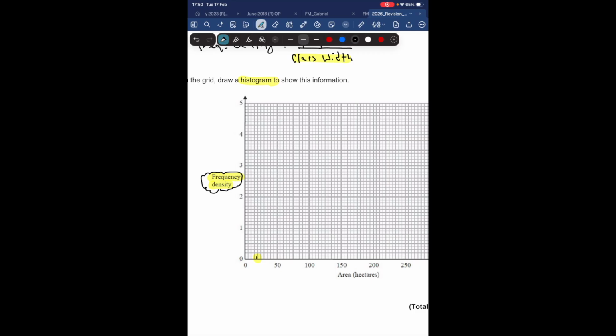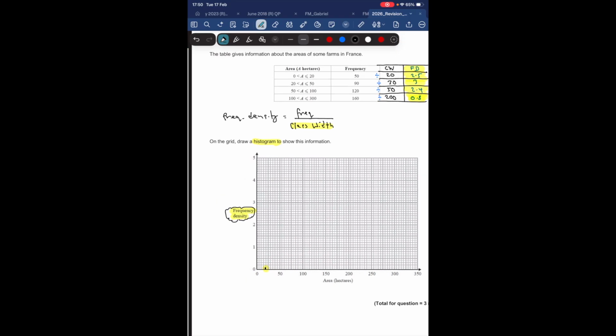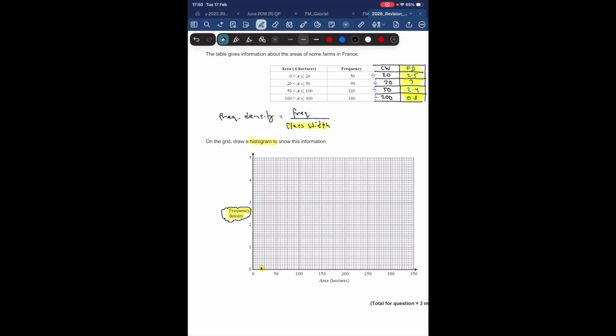We know that the frequency density from the table above is 2.5. 2.5 is up here roughly, so we can draw that bar in. Ideally, in an exam, you would use a ruler for this, but that's the first bar. The second bar is from 20 to 50. That's got a frequency density of 3, so we can draw that bar in like so.